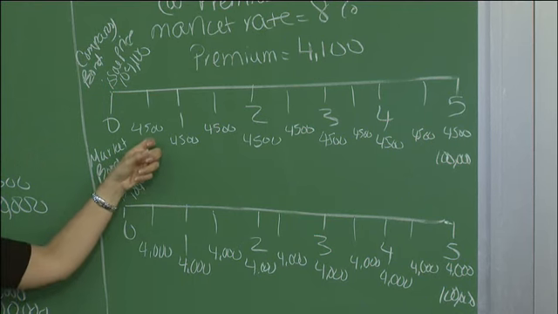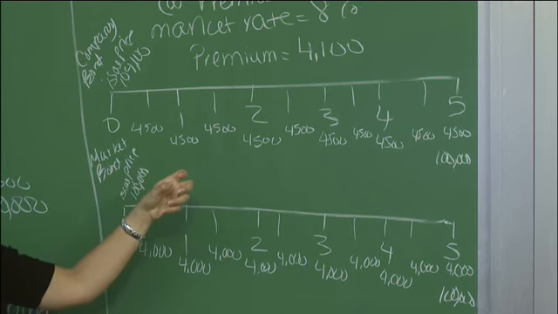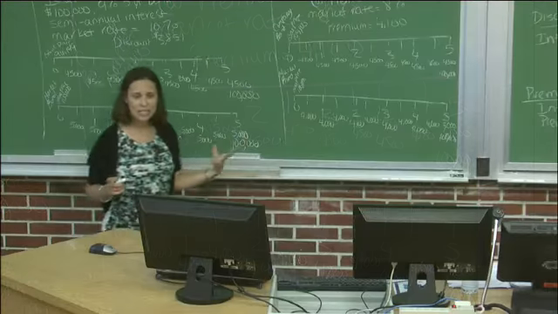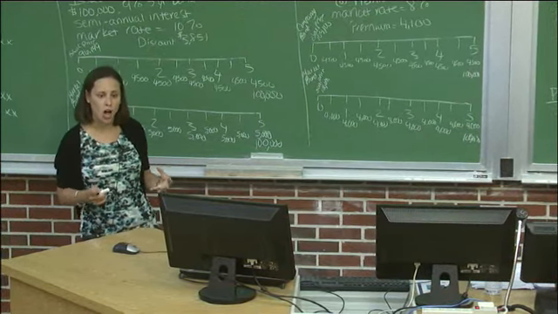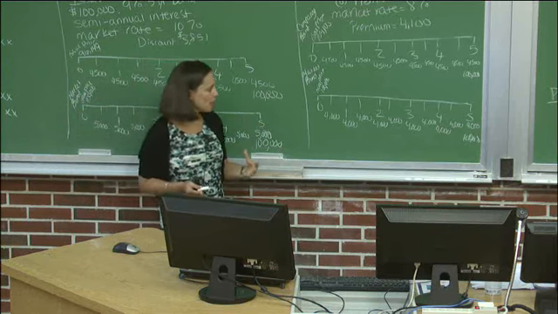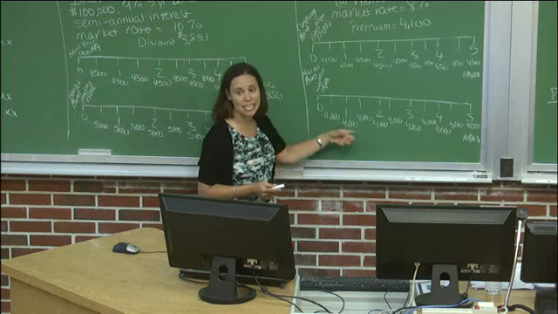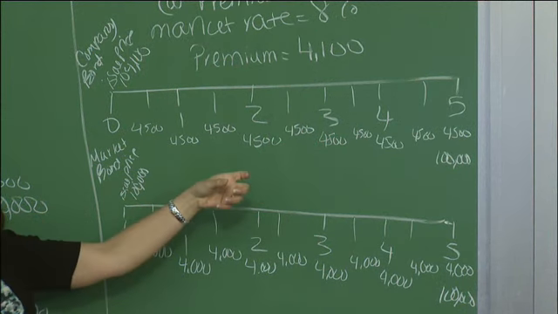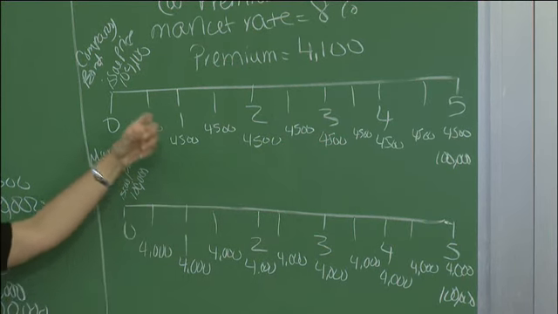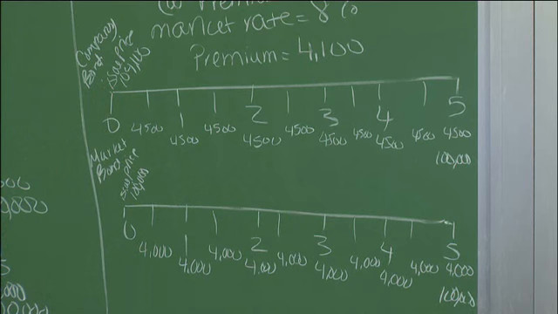So again, our interest expense shouldn't be this $4,500, because that's not what the company is really incurring each year. That wasn't the cost of borrowing that money. The cost of borrowing the money is the market rate of interest. In exchange for giving $500 more of interest each period, the company got $4,100 more at the issue date of this bond.